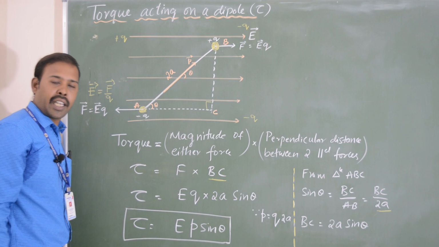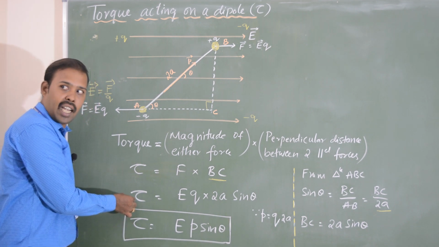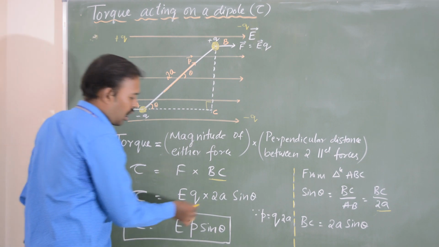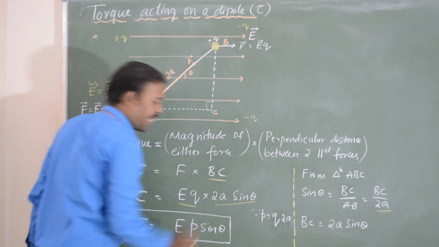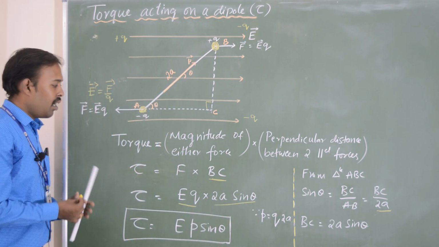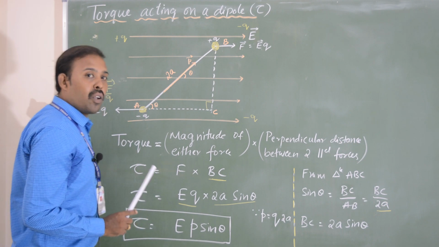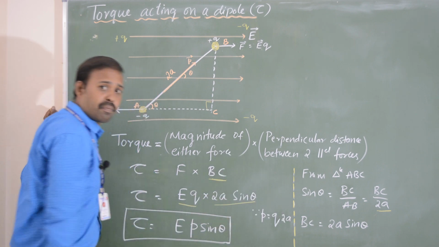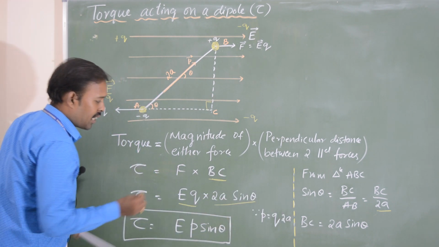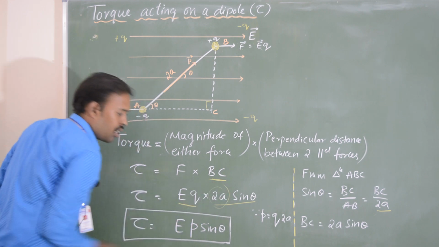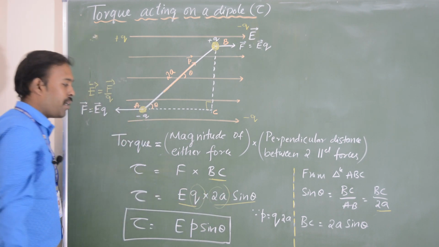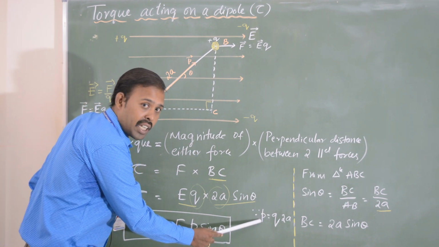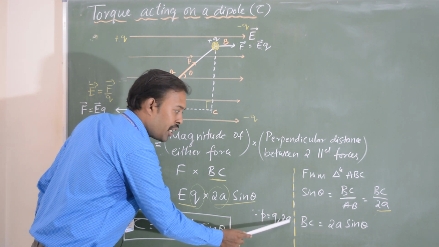So now the equation reduces to tau, that is torque, is equal to F, which is E into Q, and BC is 2A sin theta. Now, we know the expression for dipole moment: P is equal to Q into 2A.